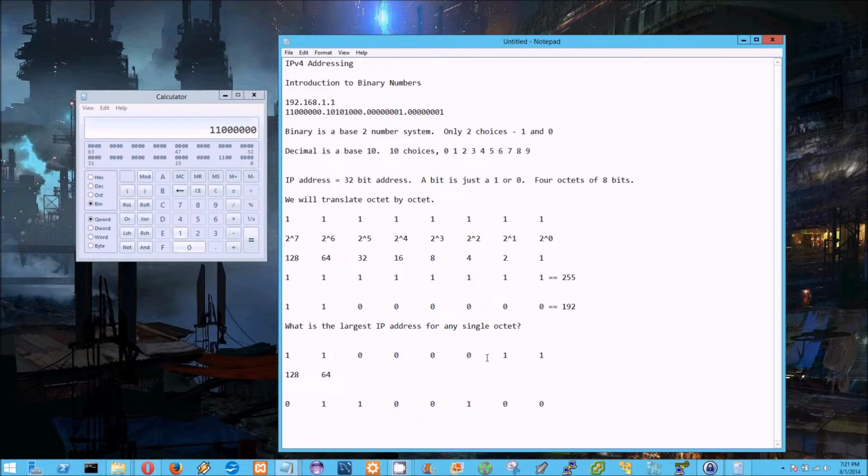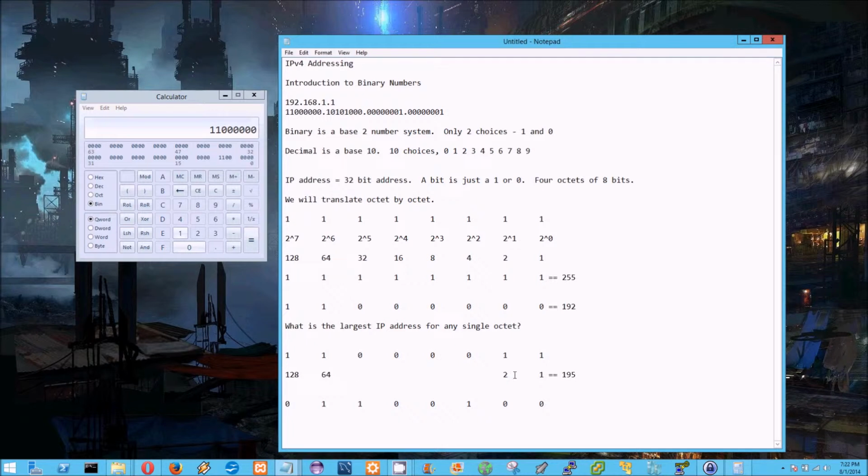Now this, the value is 2. So we're going to say 2. And this one, the value is 1. So we are going to say 1. Now, what is this value here? Well, all you do is you add across. 128 plus 64 is 192, 194, 195.